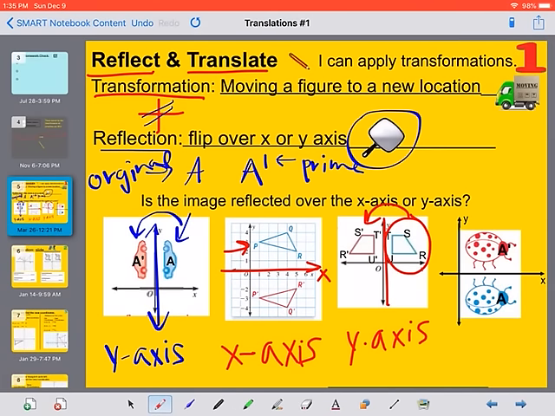It's like folding your paper in half on that line on this y-axis. And then our last picture here, A started out down here, and we reflected it across the x-axis. If we folded our paper in half, all of these would match up one side and the other.